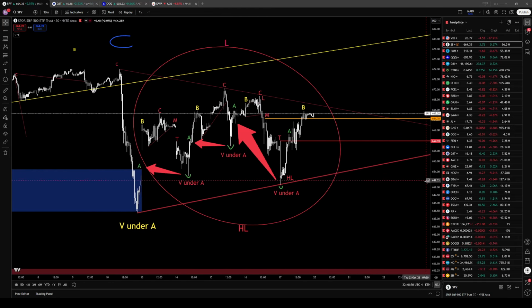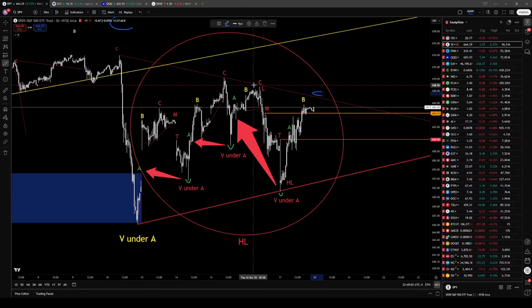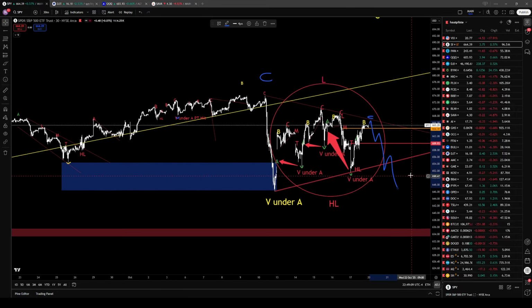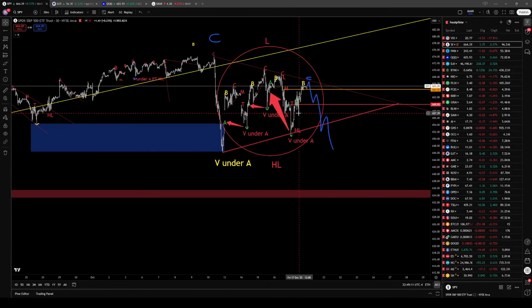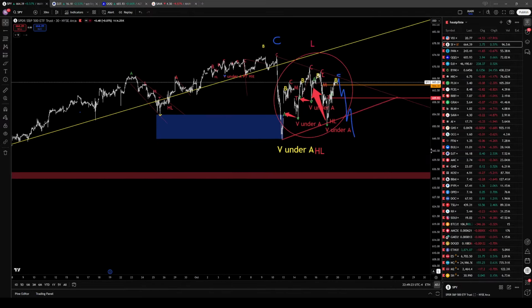Now for the bearish tracking, why I said the second possibility is also bearish and bullish: because for the bearish tracking, this is your C. It's the third lower peak. You would come up, reject here, and really would start falling. If you're not getting a V and A, or at least a bounce on this trend line here, and you fall under it, your next target would be 635.